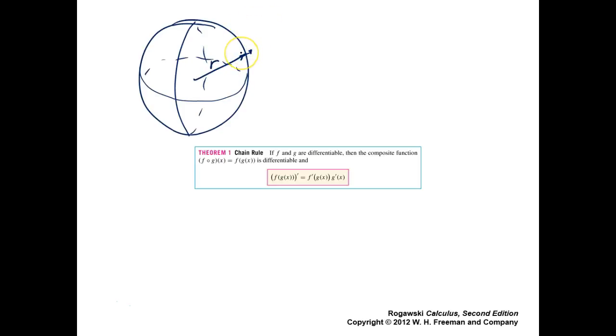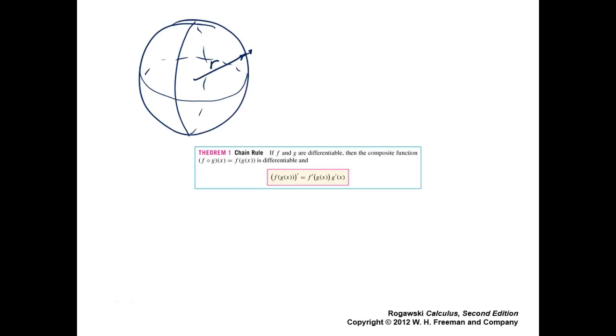And when it says the sphere's radius increases at a rate of 3 centimeters per second, okay? Use what that's telling you. It's a change of radius, right? Radius is measured in centimeters, right?